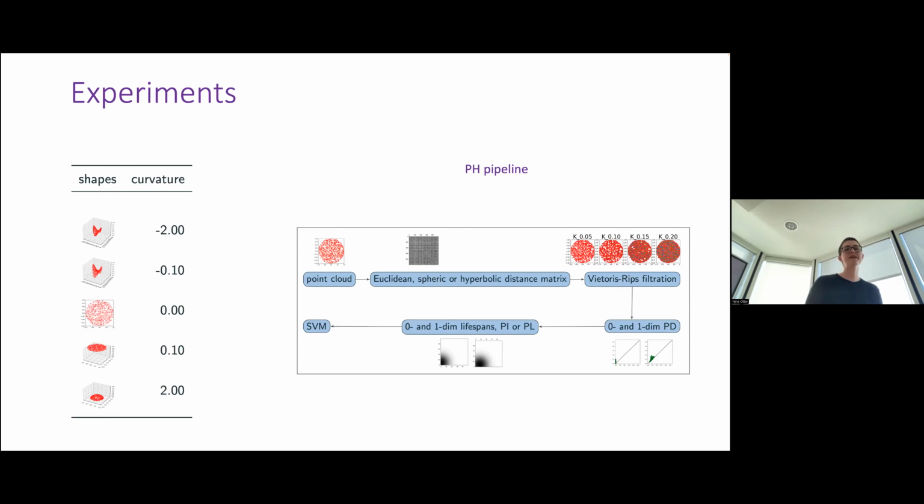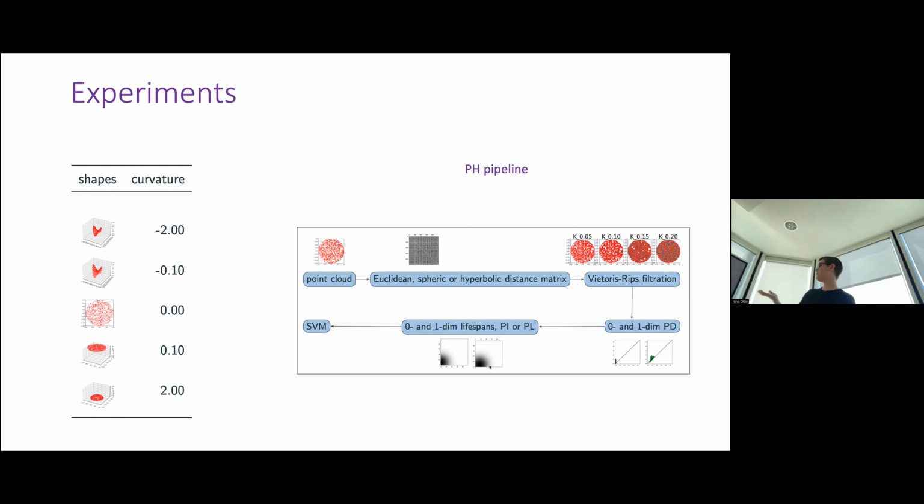For the experiments, we wanted to make sure, and especially compare, for example with PointNet. We were hoping that persistent homology would be able to recover this. So we had different shapes. For negative curvatures, you can think this disk looks in some sense like a potato chip, right? In the middle we have curvature 0, which is the Euclidean space, and then we have positive curvature on the bottom.